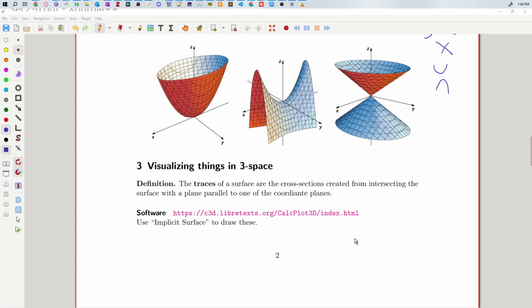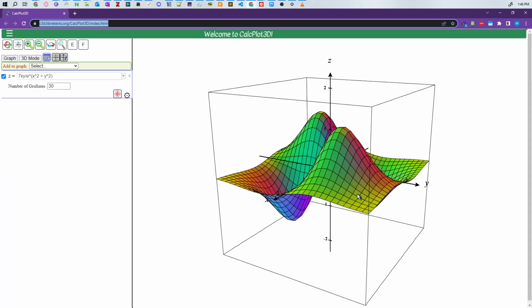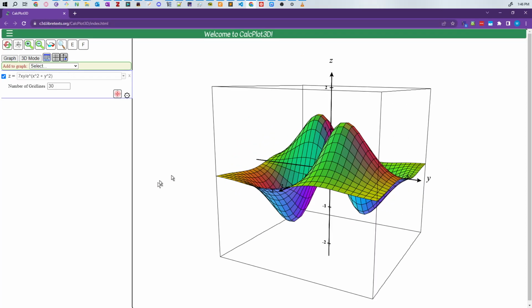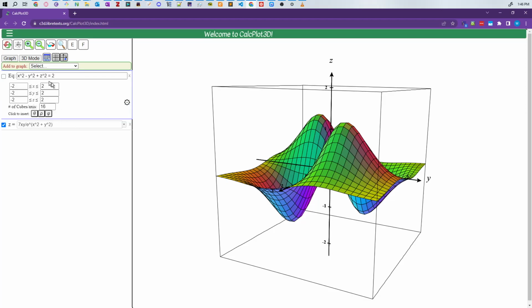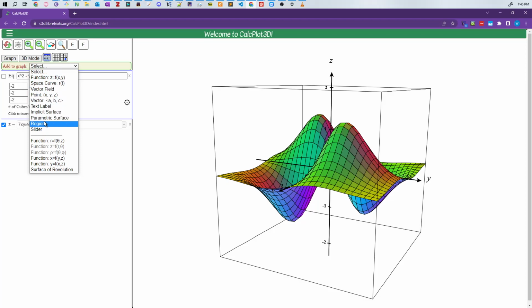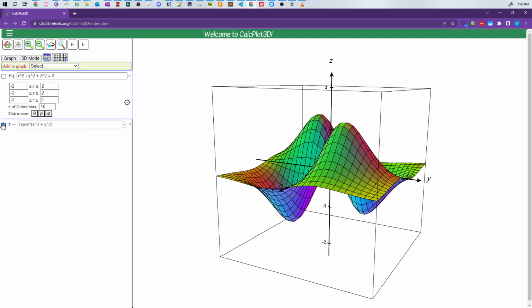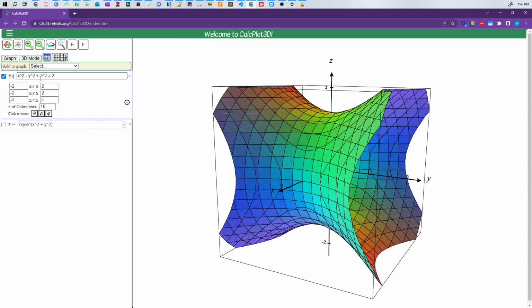If you click on it, you'll reach this page, and now let me explain how you work with this tool. It has a lot of functionality, and I certainly don't know all of it, but I do know at least this. These kinds of shapes are called implicit surfaces. So what you can do to graph these quadric surfaces is you add to graph and then hit implicit surface, and I'm going to untick that and tick that instead.